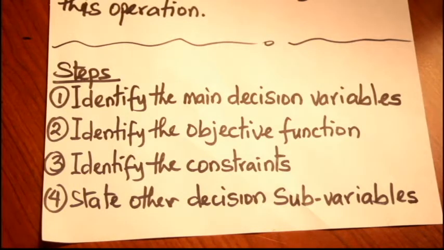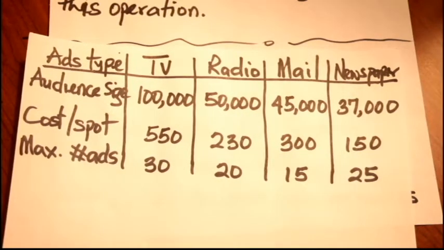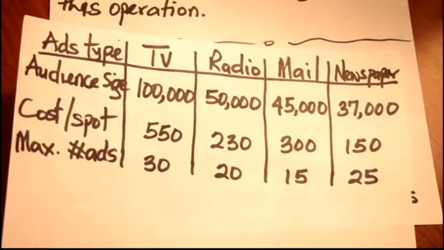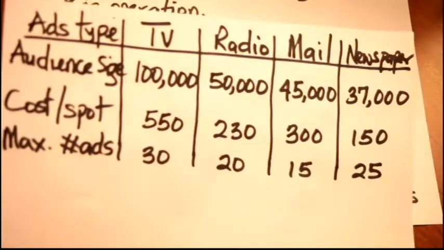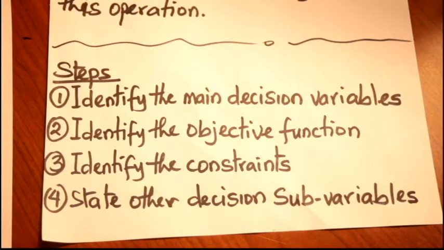The first step says identify the main decision variables. We have data being supplied to us that we are going to work on. This is the sample data that has been provided. But before we go into this, you have to identify the main decision variables of the data. Then the next thing is to identify the objective function of the operation you're about to undertake.